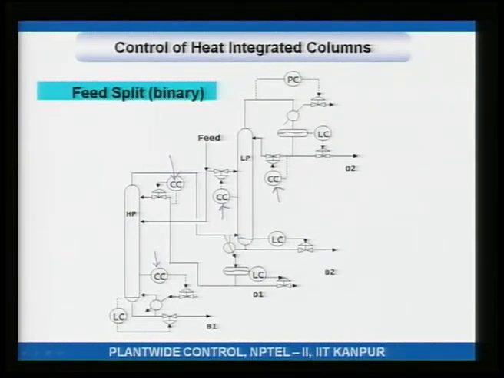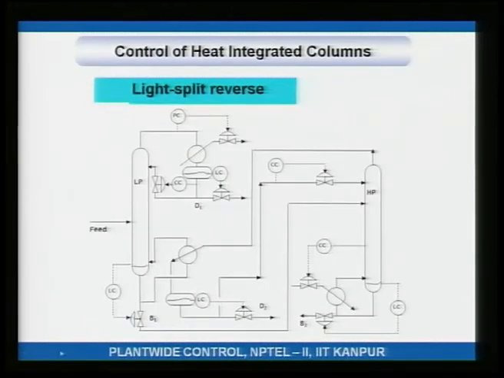Okay. If I go next, let us look at this one and then maybe I will explain it on the notepad. Again I am having an AB mixture that is coming in. So, there is an AB binary mixture that is coming in. It goes into a low pressure column.